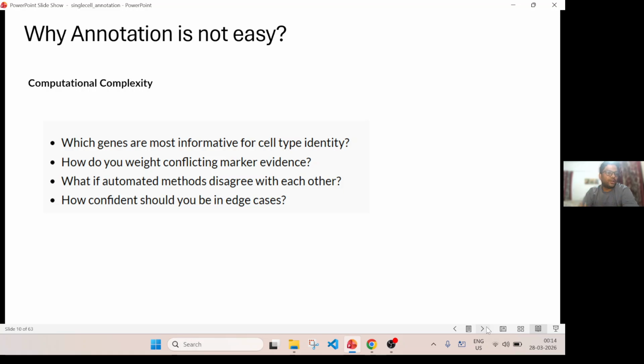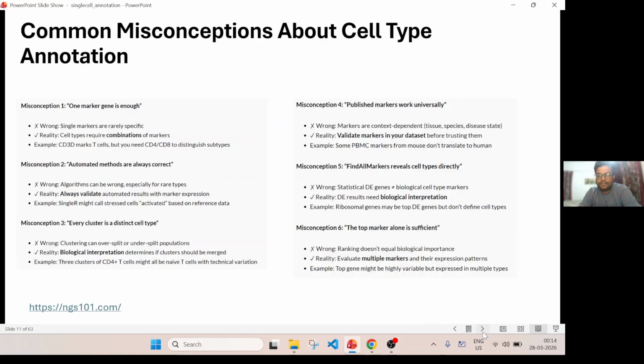And last is computational complexity. Computational complexity means not only compute power, but also that the algorithm is not robust enough to differentiate. So there are some algorithm challenges as well. That's why this stage is very complex.